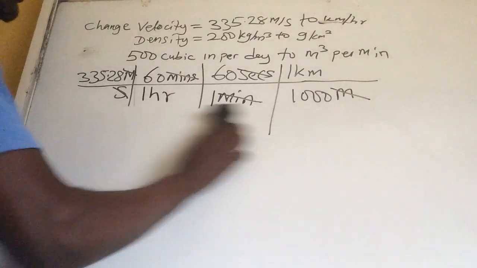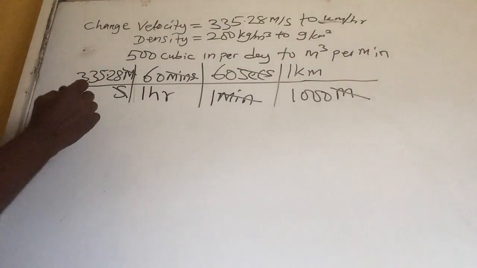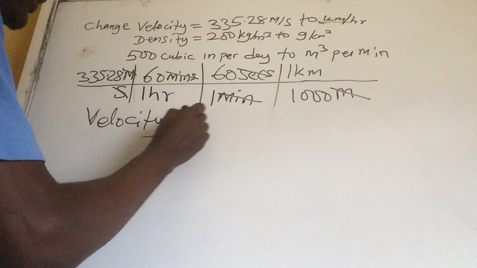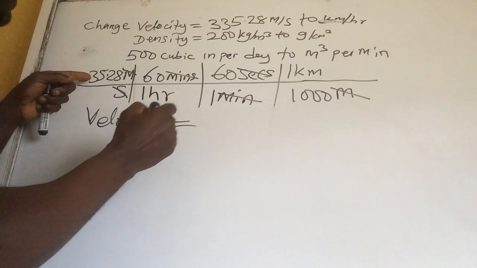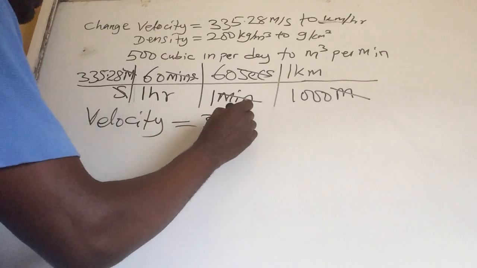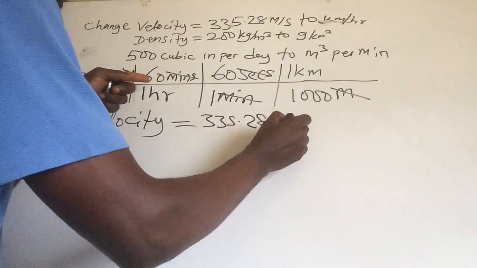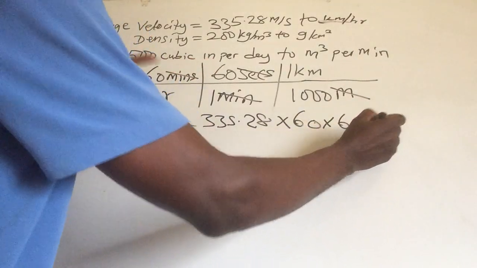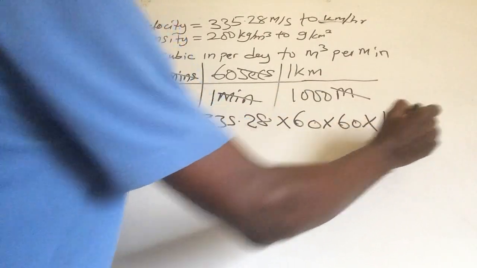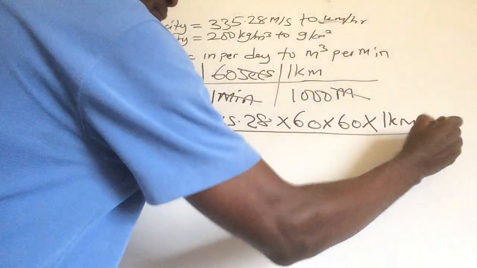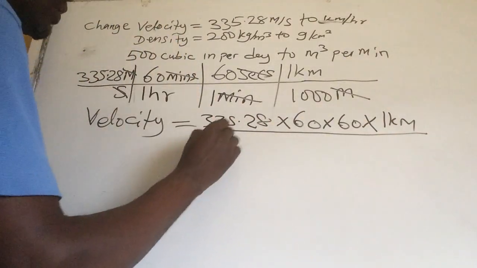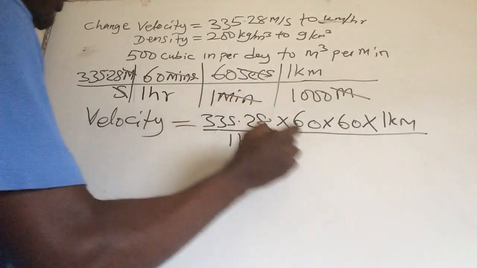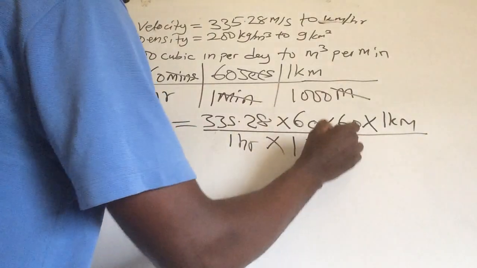Now let me multiply out to get my final answer. The velocity which I need in kilometer per hour will be equal to 335.28 times 60 times 60 times 1 kilometer, all over 1 hour times 1 times 1,000.